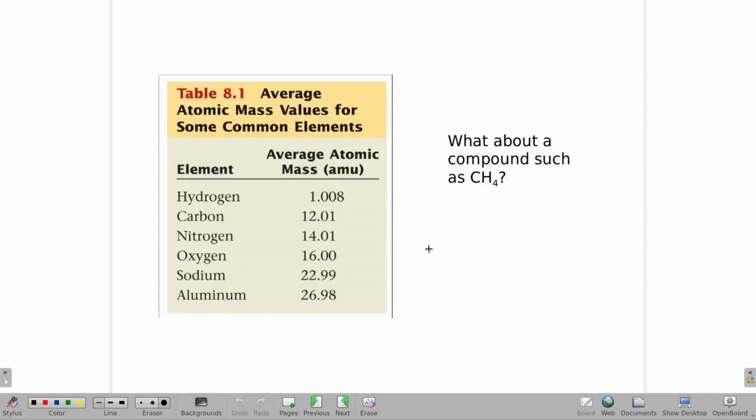Okay, now when I'm dealing with a compound, something like CH4, which is methane, if I wanted to figure out its molecular weight, we are looking at what it's made out of and how much they weigh. We're going to look at that here in just a second, but that compound is just made out of 1 carbon and 4 hydrogens.